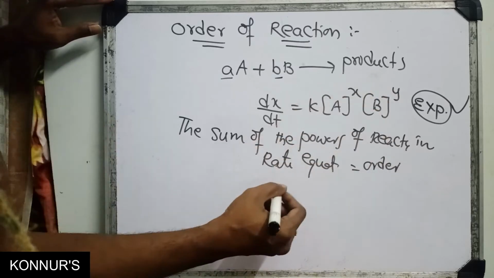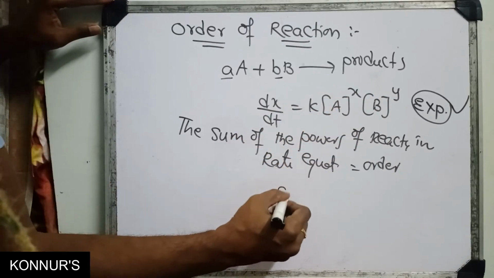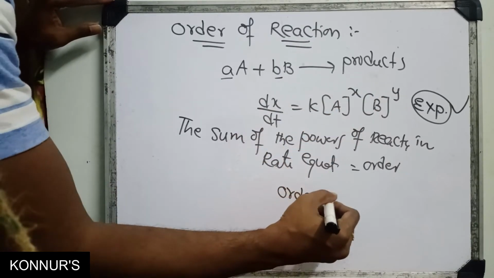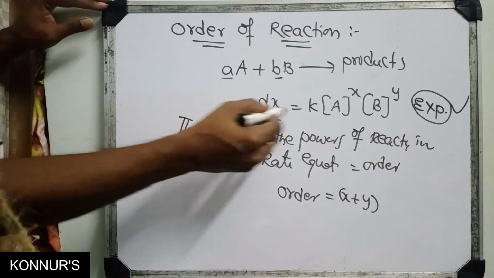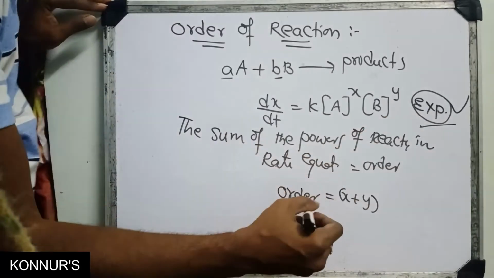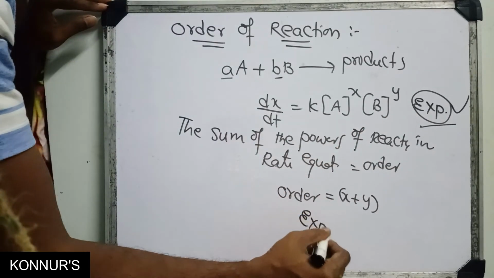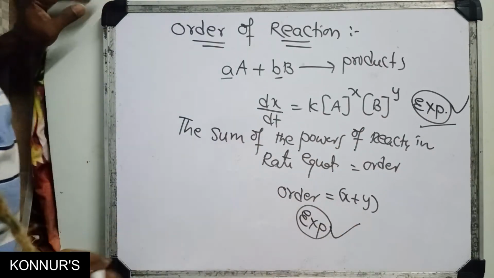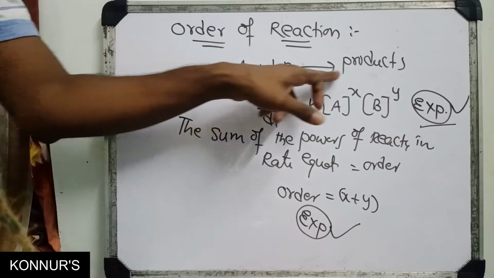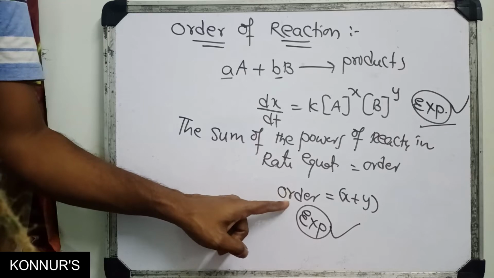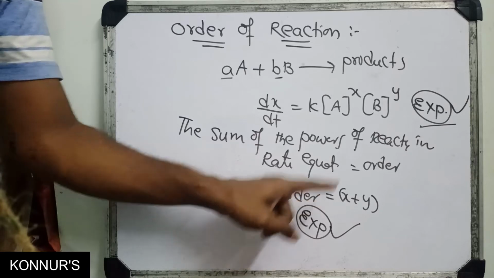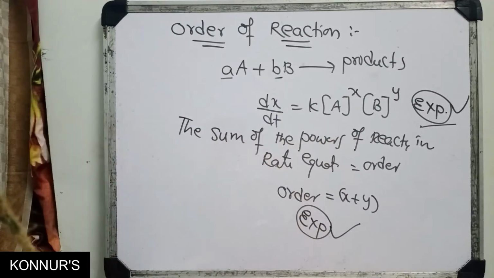So in the above reaction, the order is x plus y. See, the rate equation is only experimental, so the order is also experimental data only. By seeing the reaction, you can't tell the order. So compulsorily, the order is determined through experimental data only.